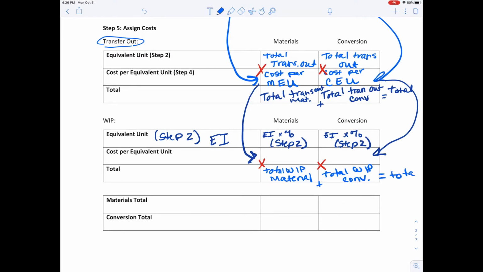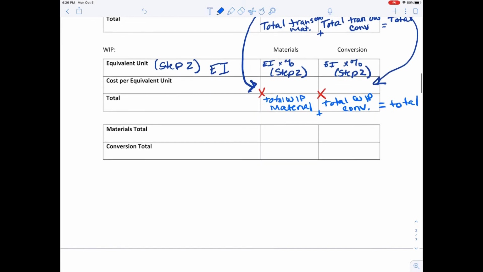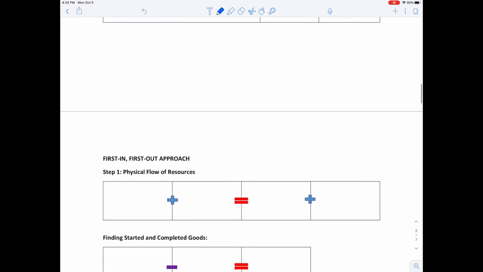Again, we're probably going to want to add those together and find that total for work in process. Maybe they're going to ask for a total materials amount or a total conversion amount. We can add those together and figure that out.